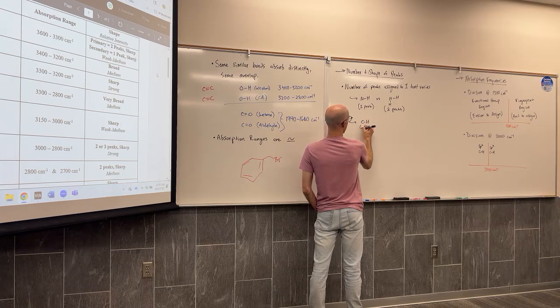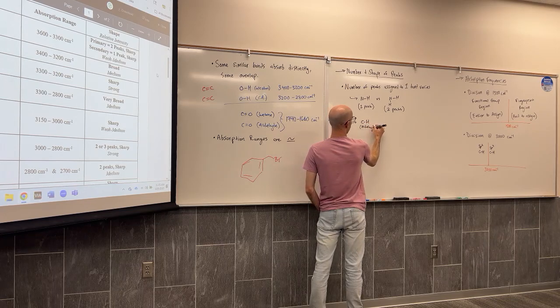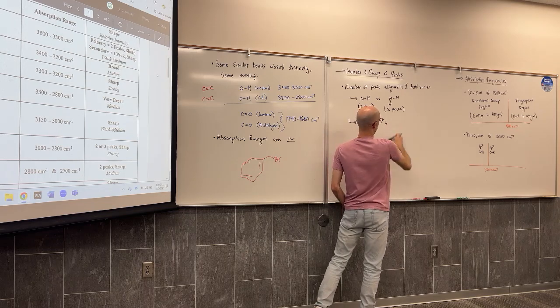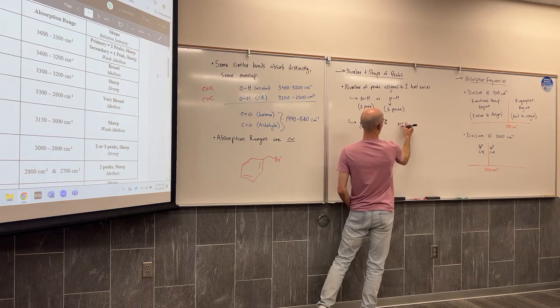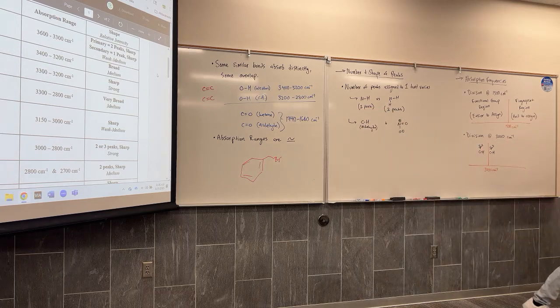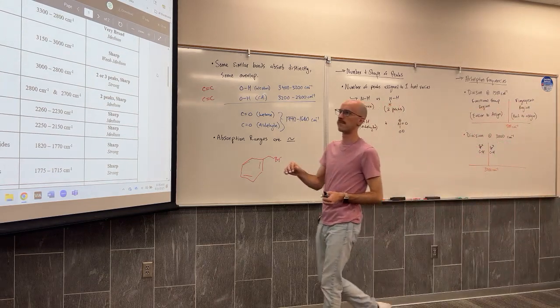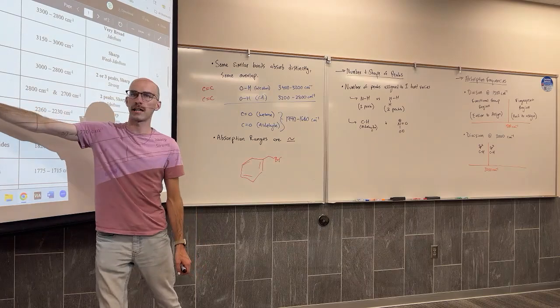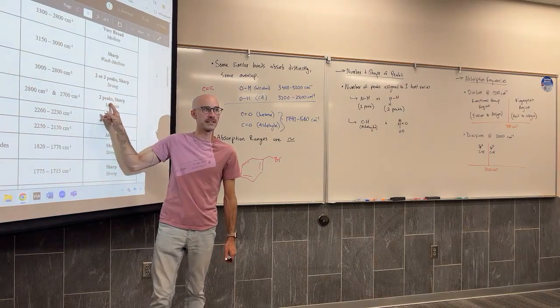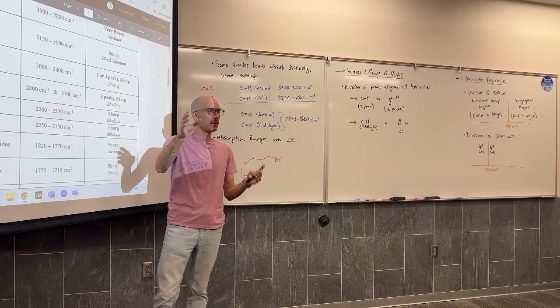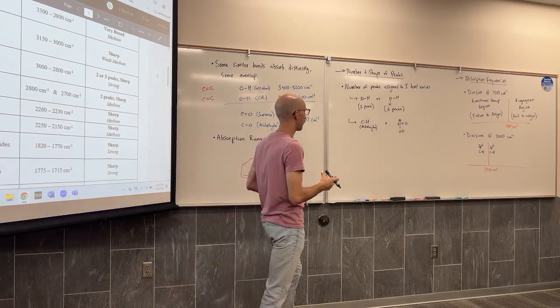When you look at the CH of the aldehyde and the nitro group, the CH of the aldehyde always has two peaks at specific frequencies. Again, with some hand waviness, plus or minus a few wave numbers.